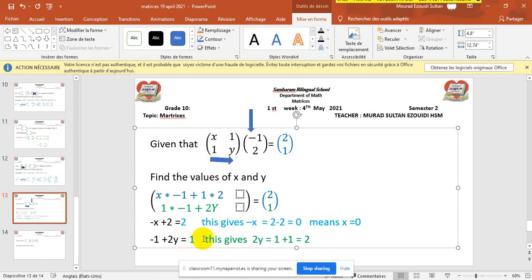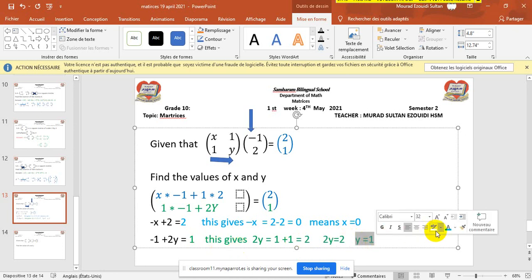So 2y equals 2. I will divide both sides by 2, so y equals 1. This is the last answer.